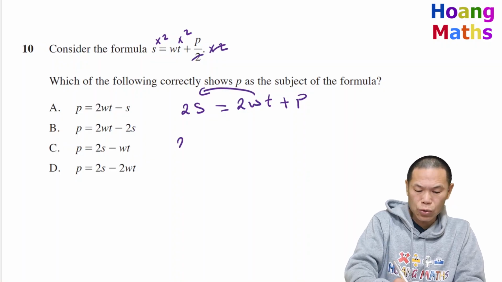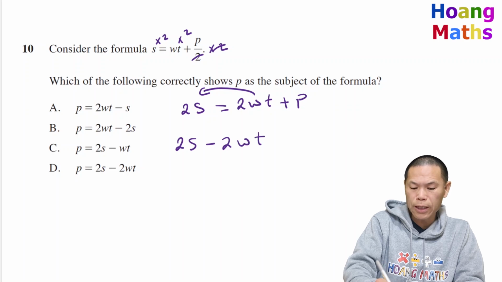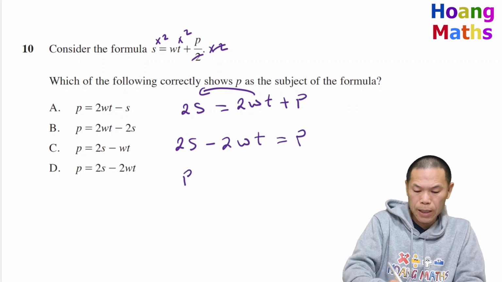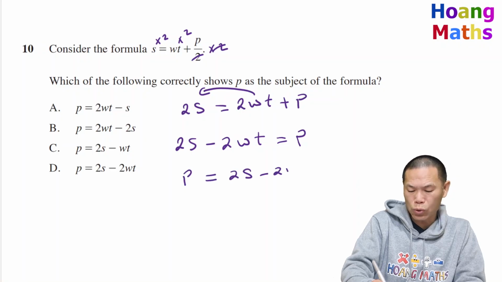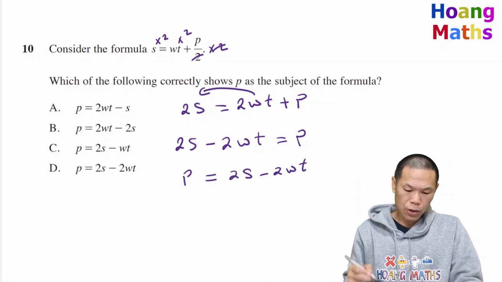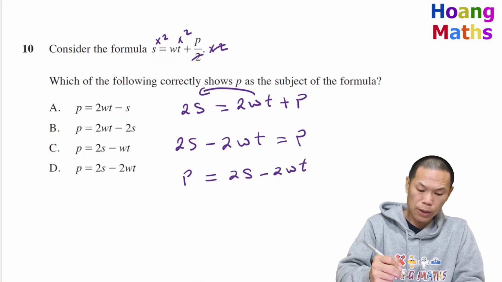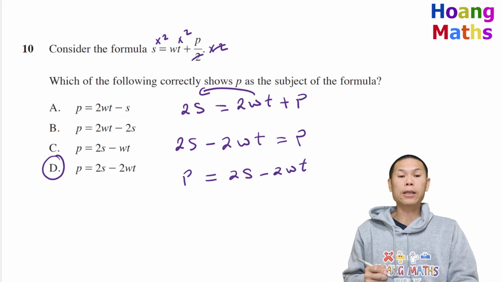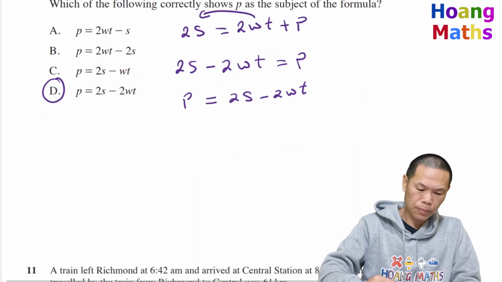So that means 2S minus 2WT is P. In other words, P is 2S minus 2WT. So that should be D. There you go.